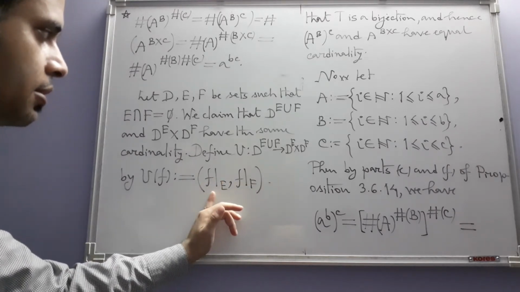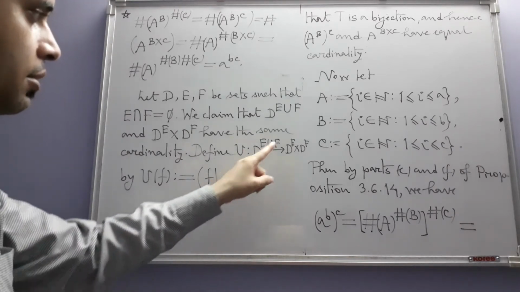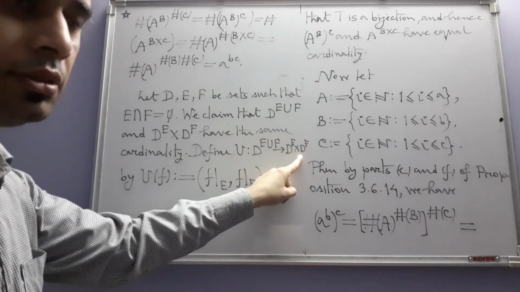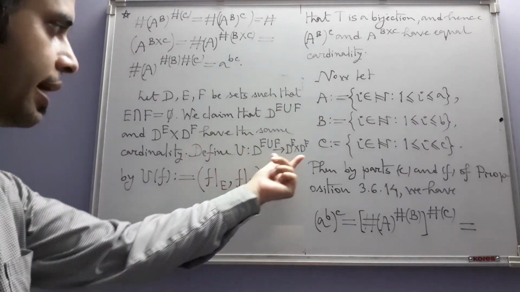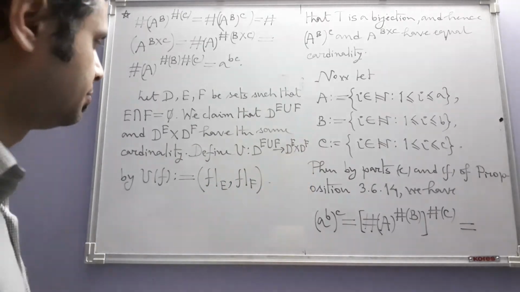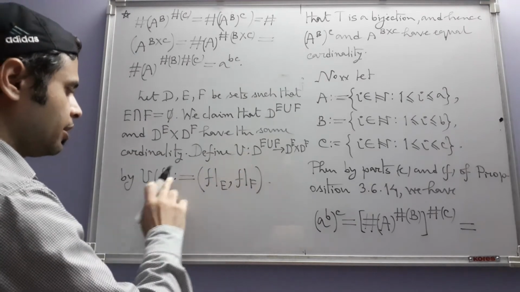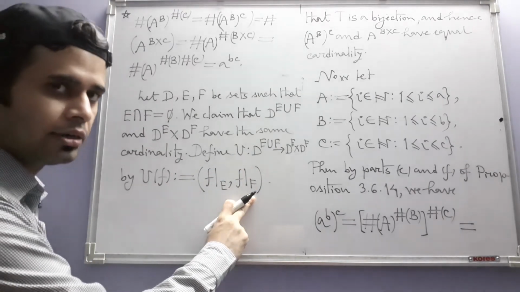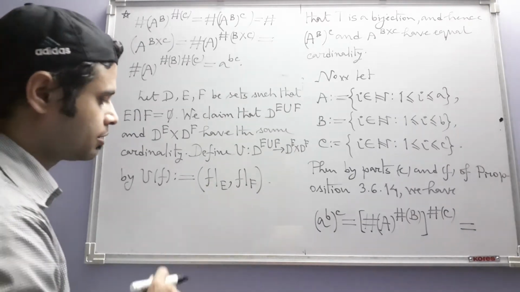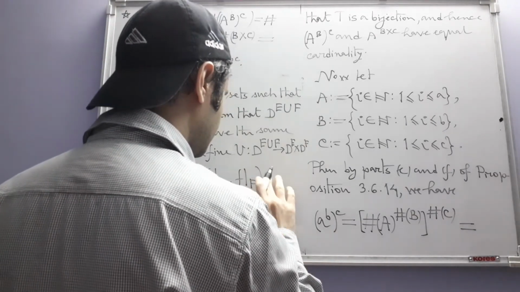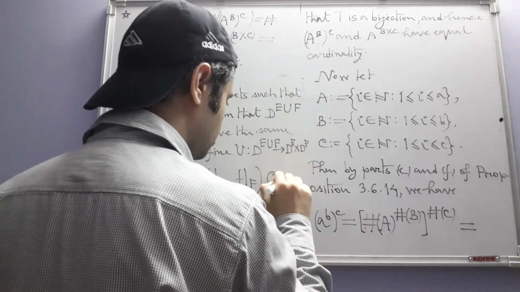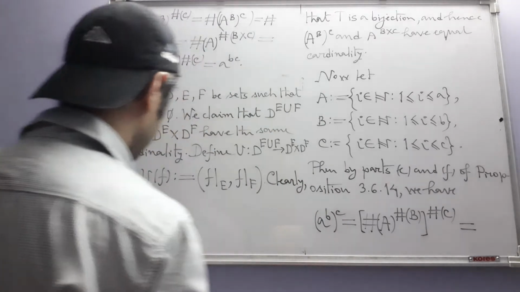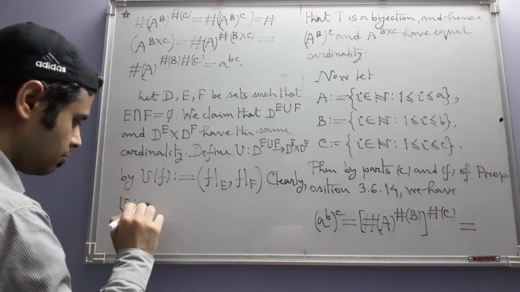This first restriction will be a function from E into D. The second restriction will be a function from f into D. So their ordered pair is actually an element here. And for a given function f, these restrictions are well defined and unique. So that's why clearly u is well defined.